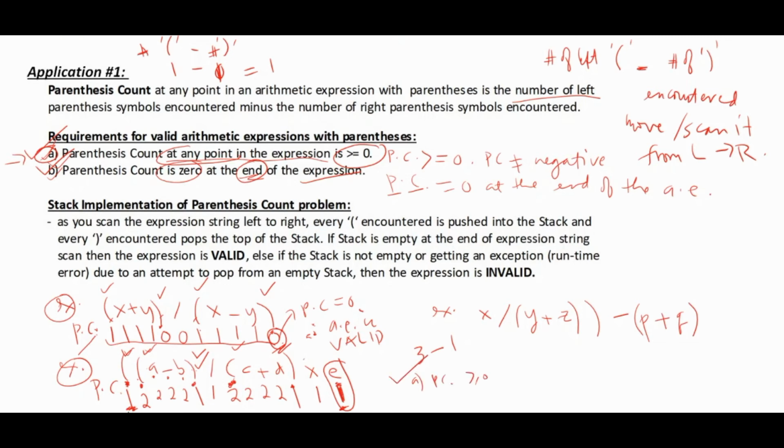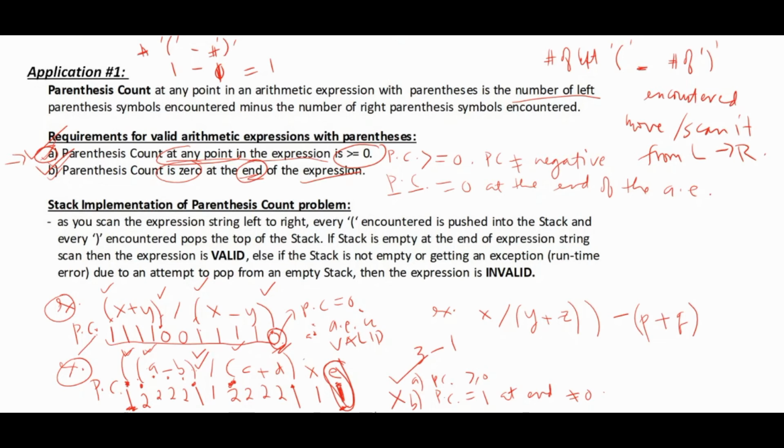So this first requirement is satisfied. The second requirement is that the parenthesis count must be equal to 0 at the end. But as you can see here, at the end, it is equal to 1, right? So PC is equal to 1 at the end and not 0. Therefore, the second requirement is not satisfied.